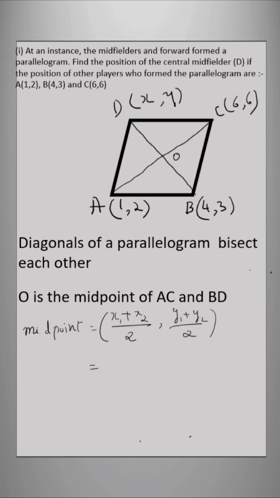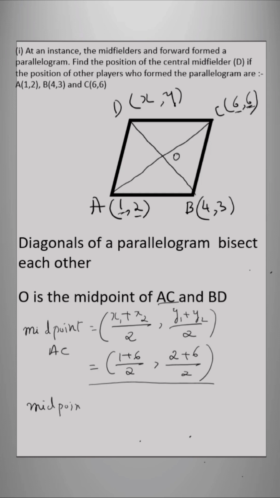Here x1 is 1, x2 is 6 by 2, comma, y1 is 2, y2 is 6 by 2. This is the midpoint of AC. This is also the midpoint of BD.